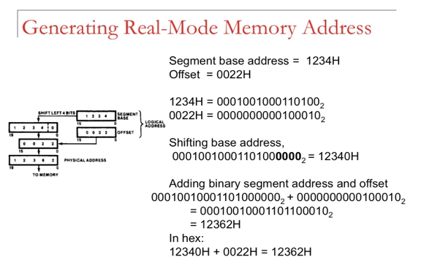If you check the final result, this is actually a 20-bit value. The magic was because of this shifting. We did the shift, and we do the addition, and we got a 20-bit value. And that's the linear address for the actual memory location.